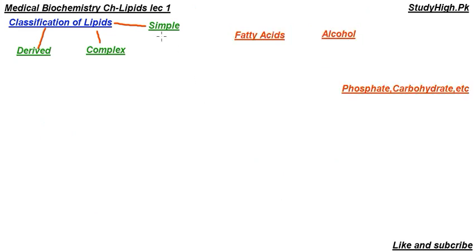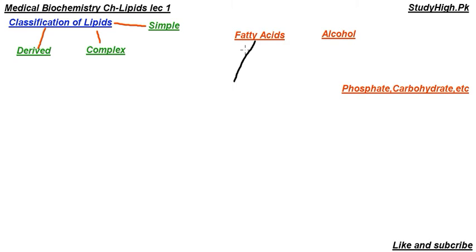I have explained that simple lipids consist solely of fatty acids and alcohol; lipids which on hydrolysis yield only fatty acid and alcohol are included in simple lipids. In complex lipids, the basic component is fatty acid, and we further classify complex lipids into different types. In some types, palmitic acid is present as a component; in other cases, oleic acid or stearic acid.